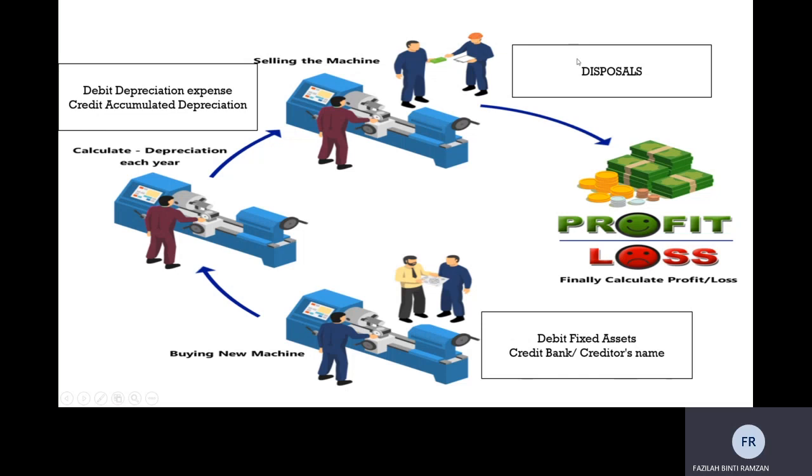There are steps in preparing the double entry for disposal, which we're going to see later. But in the end, we're going to see whether the selling of the machine gives you a profit or loss on disposal. This is the last thing we find from the machine, and the machine is no longer in your business.